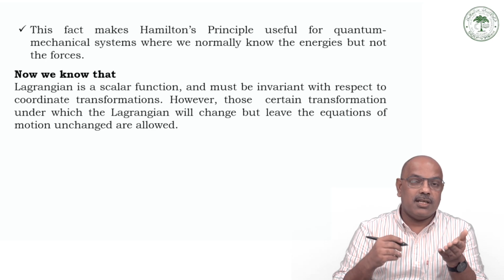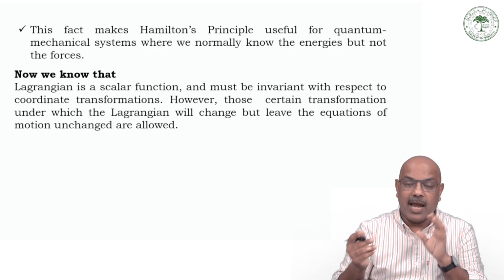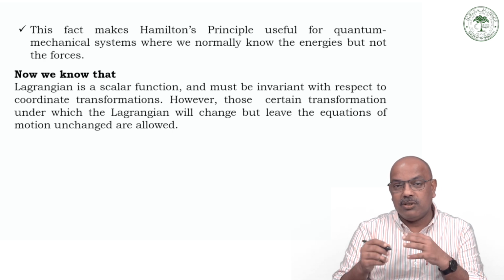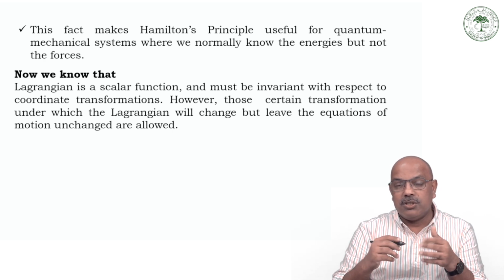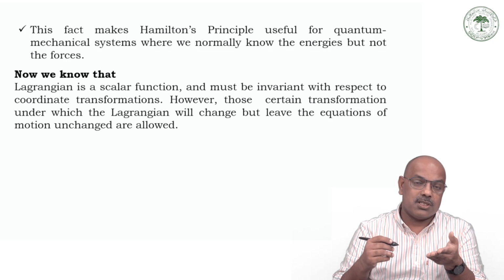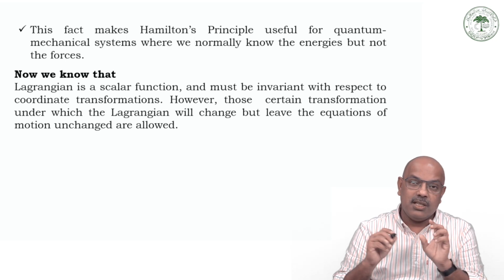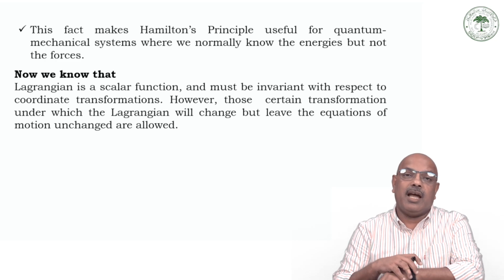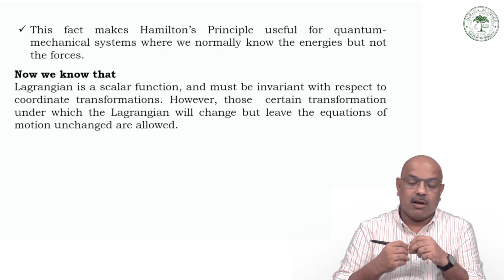Anyway, this is a scalar quantity, so it is going to be invariant, but if you are adding or deleting some part of the Lagrangian, which is going to give you the equations of motion, and by doing this you are not changing the equation of motion finally, then those kinds of transformations are allowed.